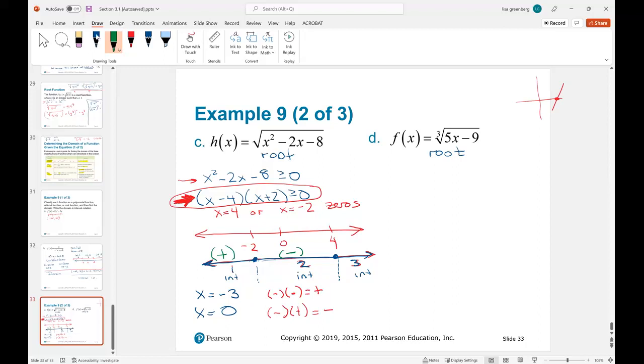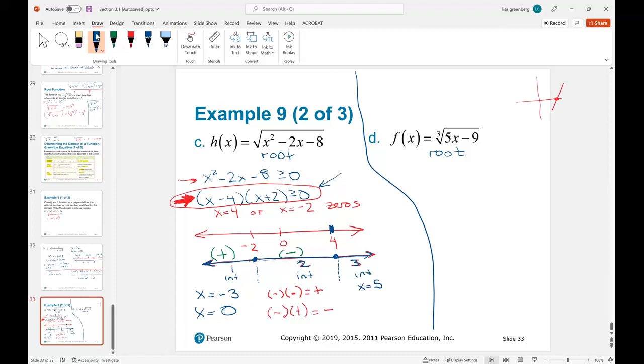And last, I have to do something with my third interval. So my third interval starts at 4, right? And it goes all the way to the right. So let's make x equal 5. When x equals 5 and I plug it in here, I get 5 minus 4, which is a positive number.